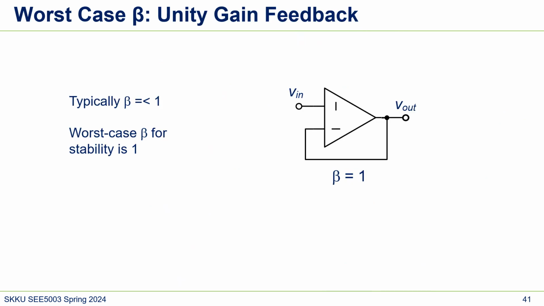Then what's the worst case of beta in terms of phase margin? Because typically we use beta smaller than 1, the worst case is 1, and this is a unity gain feedback. This is a buffer. We use it a lot. So this is the worst case in terms of phase margin.